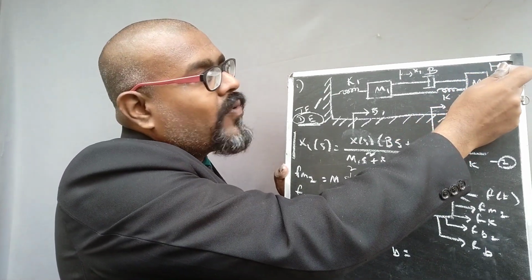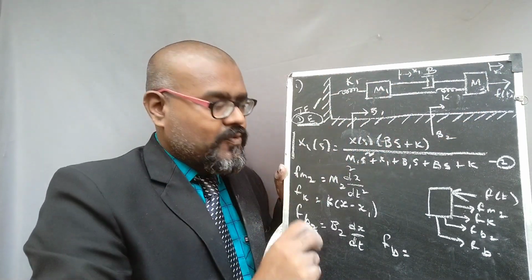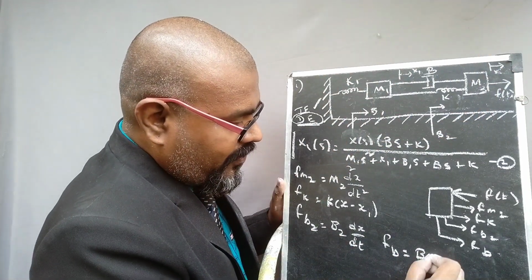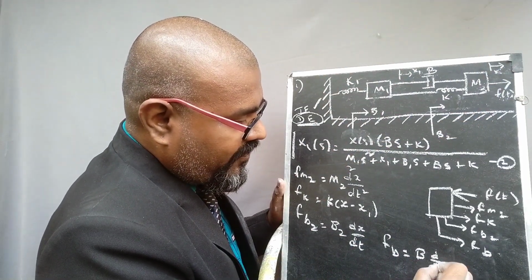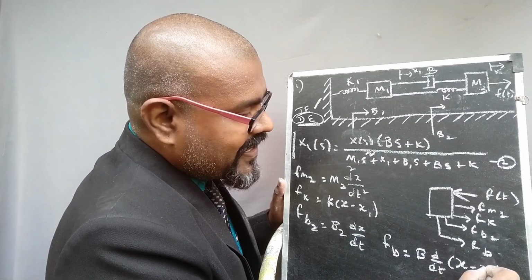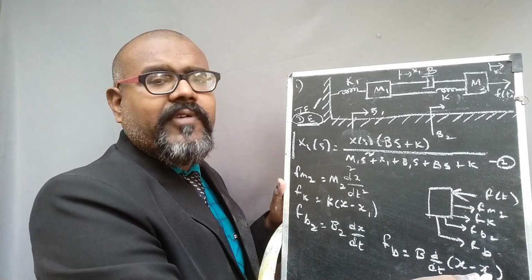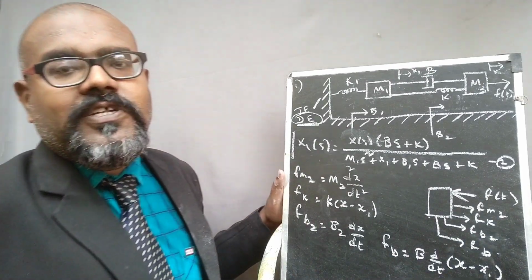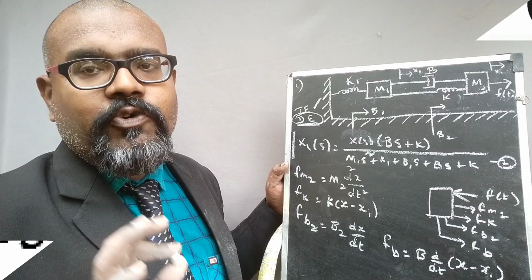So we need to calculate only x. So subtract x1 from x. So b into d by dt of x minus x1. We need to calculate only the displacement of x, and we are subtracting x1 here. So this is the calculation you need to remember.